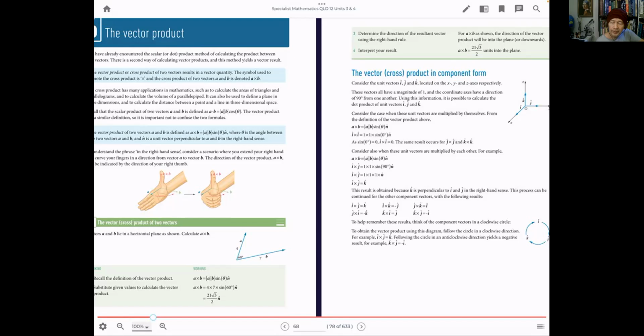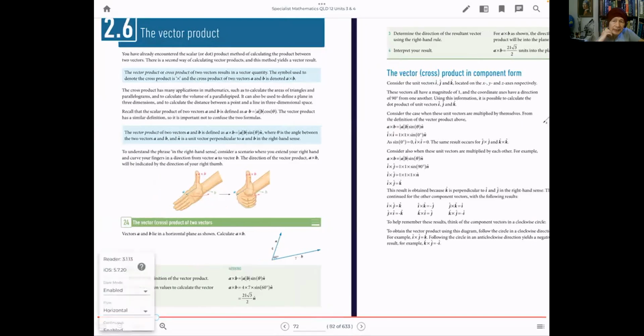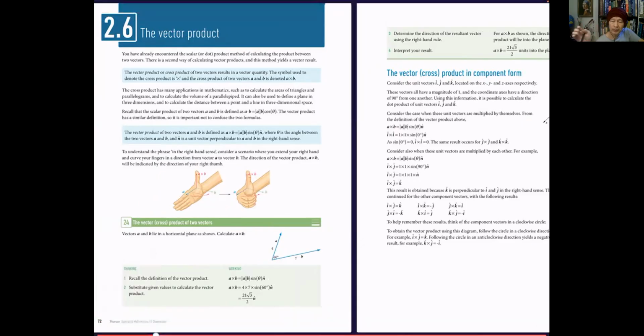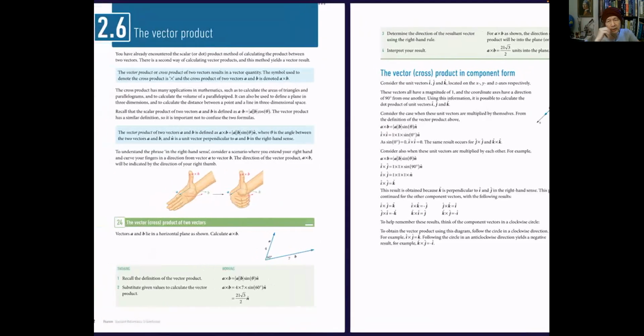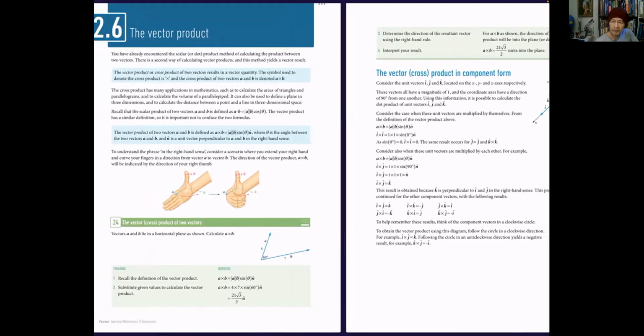I don't think I can. Oh, that is maximum, right? It's probably something to do with your resolution. So you are using full screen now, right? Oh, yes, probably we can't do much because our screens have different resolution. Anyway, I'm trying to read if you can zoom in.